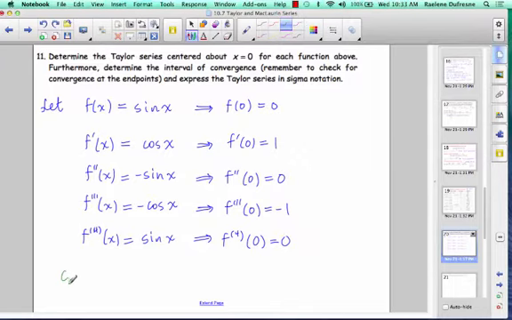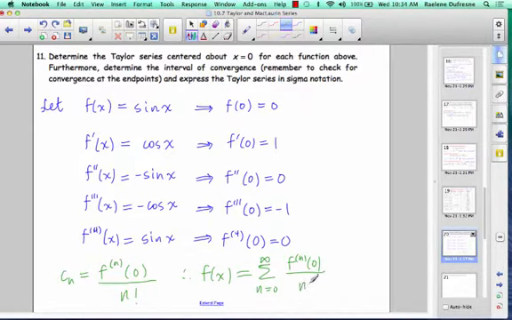Combining this with the fact that we know that the nth coefficient is the nth derivative of f at 0 divided by n factorial, the Taylor series is given by the sum from n equals 0 to infinity of the nth derivative at 0 divided by n factorial times x minus 0 to the n. We're going to come up with the Taylor series in expanded form and then write the nth general term.